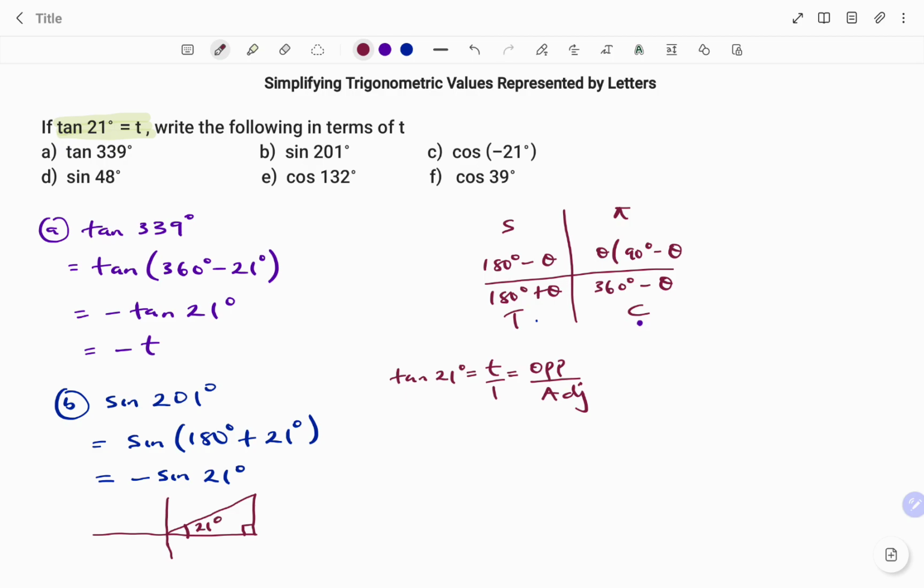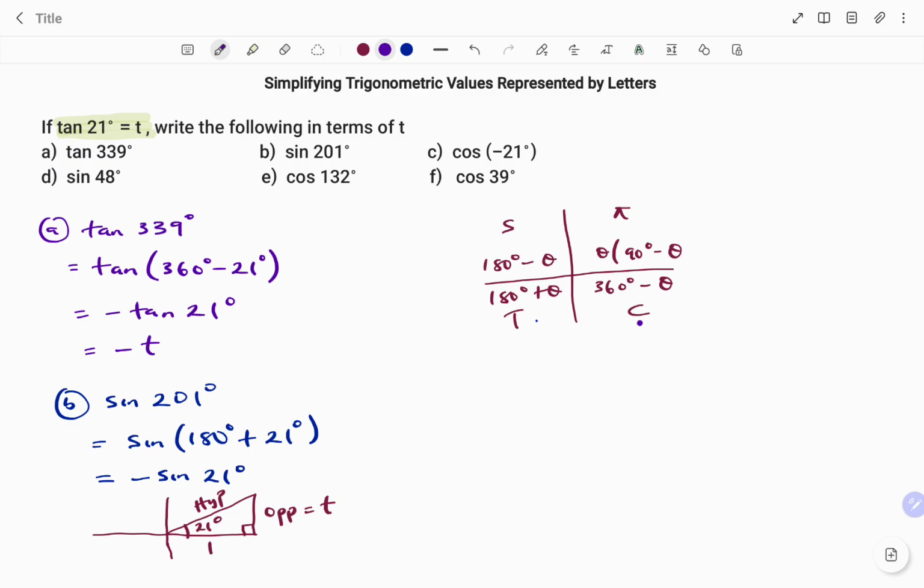We have the side facing our reference angle, that will be our opposite, and in this case, that's equal to t. We have the longest side, or the side facing the 90 degree angle, that's our hypotenuse. That's missing. And then we have our adjacent. Adjacent is 1.